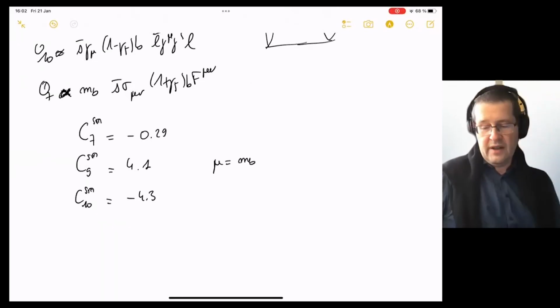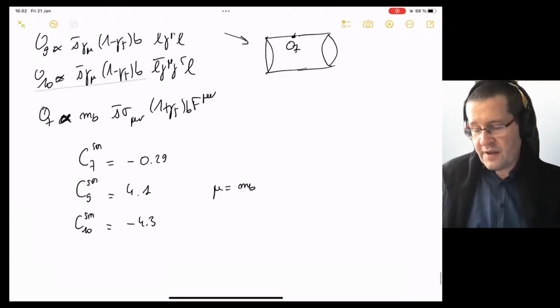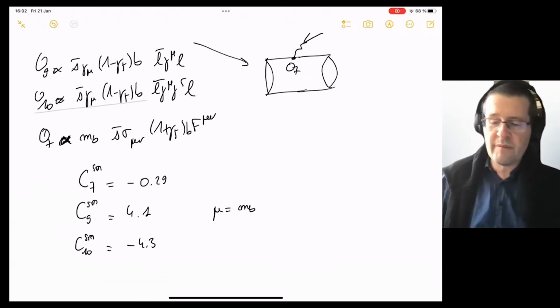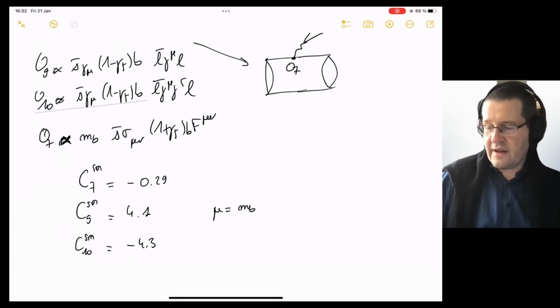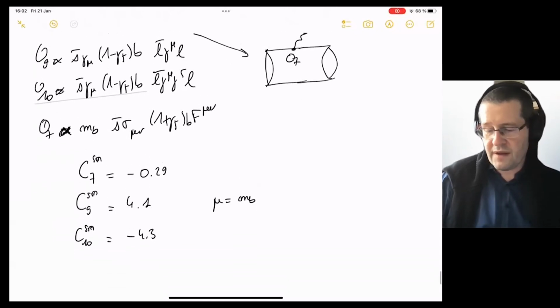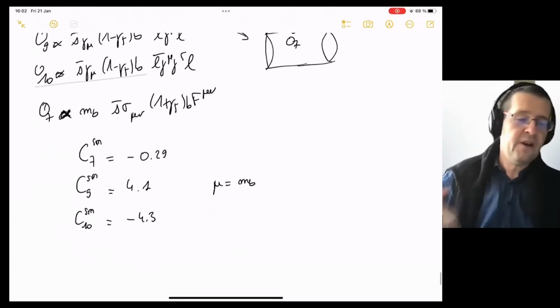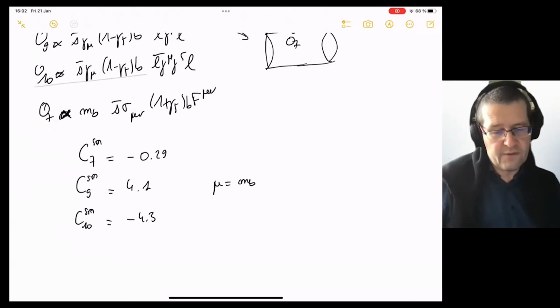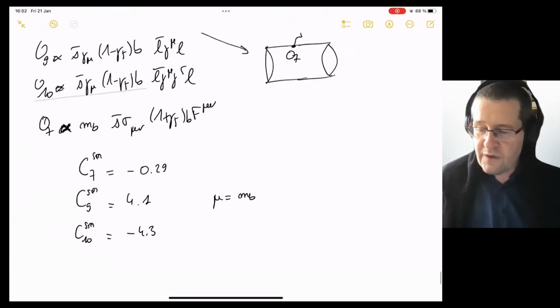And the fact that C9 and C10 are close to being opposite is also a reminiscence at some level of the V minus A structure of the standard model, even though it's not only that, there is also quite a bit of numerical aspects of the hierarchy of masses involved that is responsible for that. So that's in the standard model.